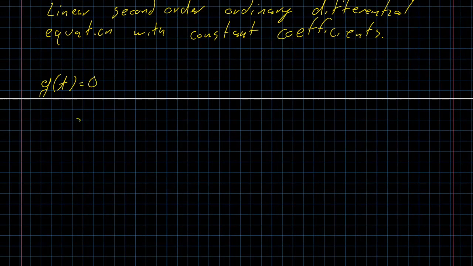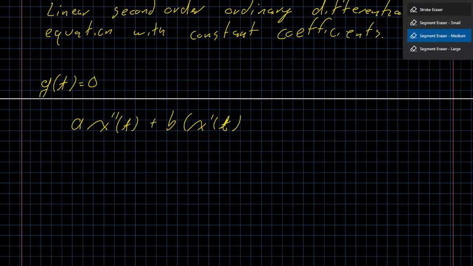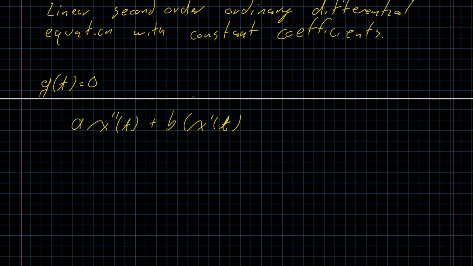So in general, if I switch away from my flavored coefficients and I just look at A times x double prime of t plus B times x prime of t plus C times x of t equals 0.